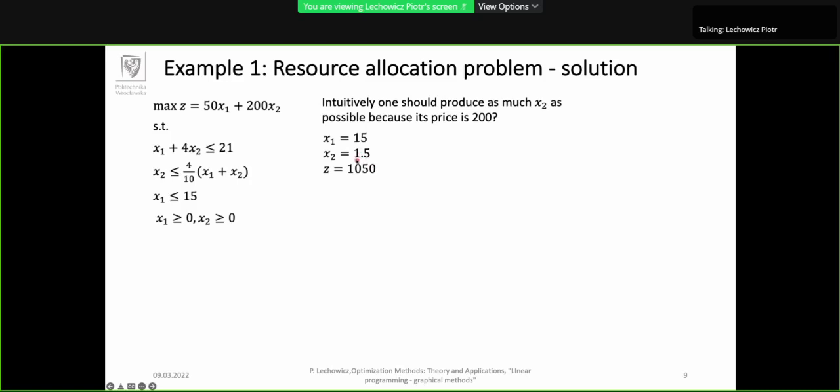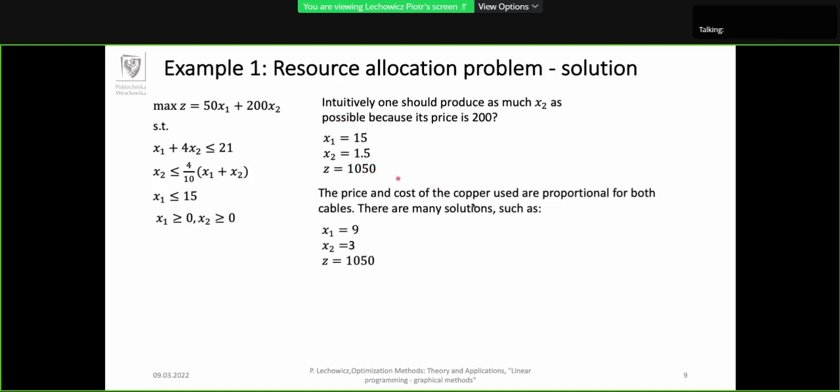So the number of thousands of meters produced for the first cable is equal to 15. So this is our maximum limit, and we can compute what thousands of meters for the second fiber can be produced based on this inequality. And this is our profit in terms of thousands of zlotys.